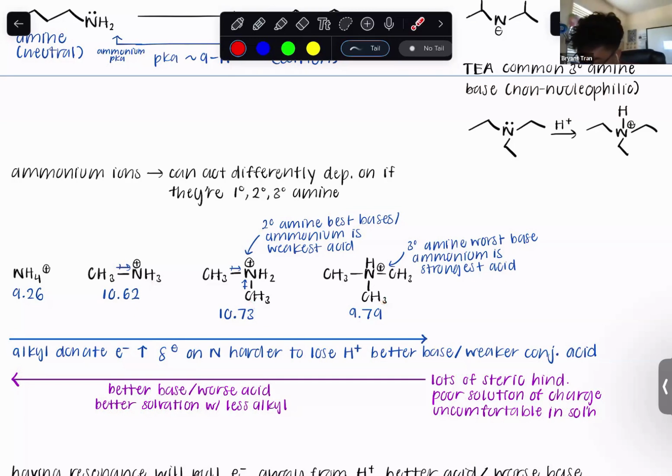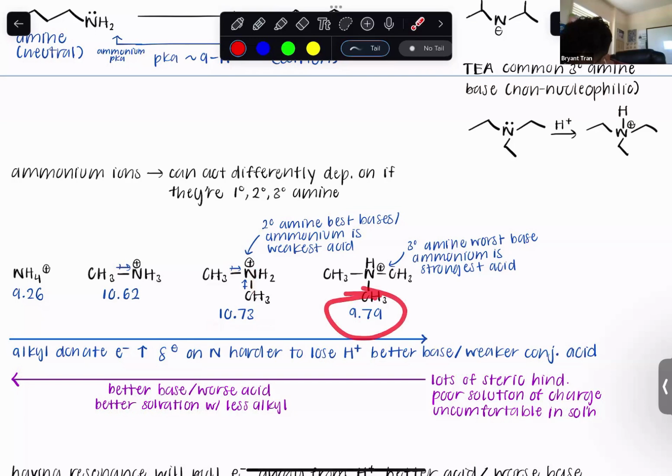Yeah, so this right here has the lowest pKa, it's the most acidic because there's no R groups in the way, and there's a lot of positive charge around on the nitrogen, right, making it very acidic. The pKa over here is higher because there's R groups in the way, donating electrons to the positively charged nitrogen, making it more stable, and then making it less reactive, less acidic.